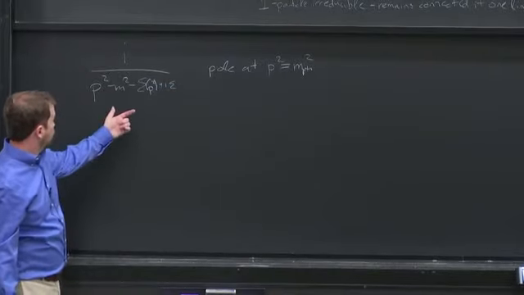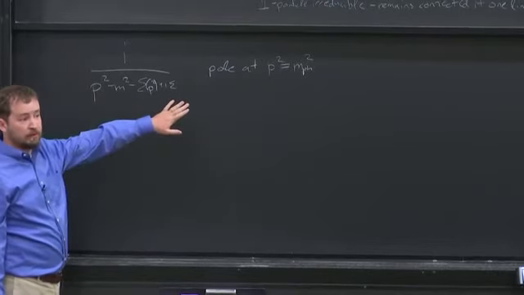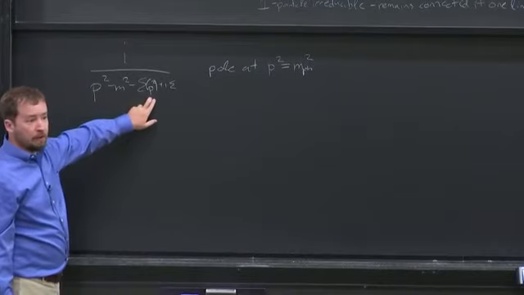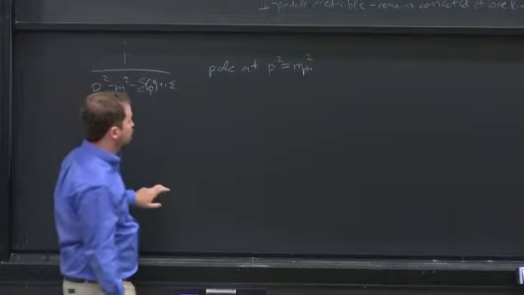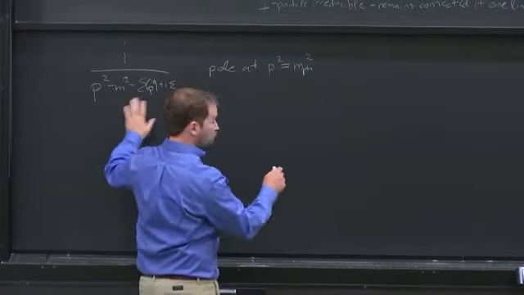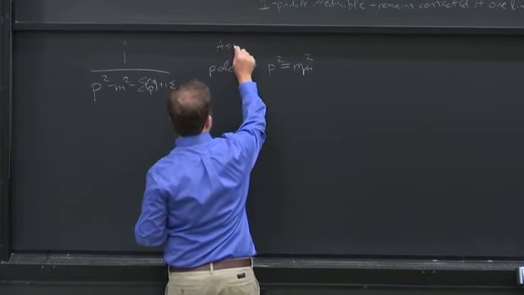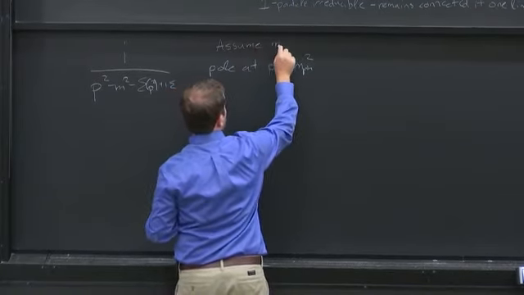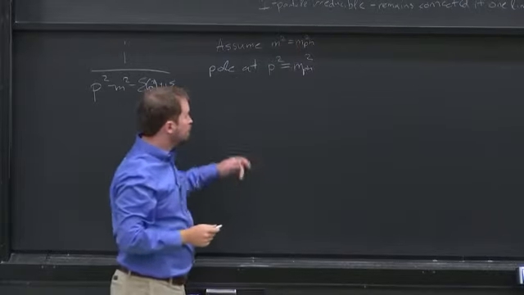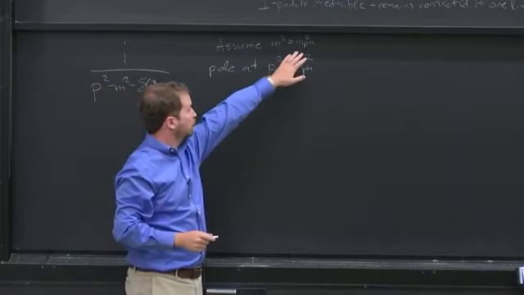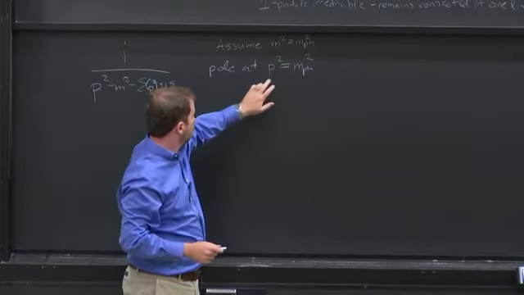We need to know the relationship between m squared, the mass in the Lagrangian, and m physical squared. And that also puts a constraint on sigma evaluated at m squared. So we need to make another assumption. Let's make the assumption that m squared equals m physical squared. Make that choice. Relate our experiment to our formulation of the theory.